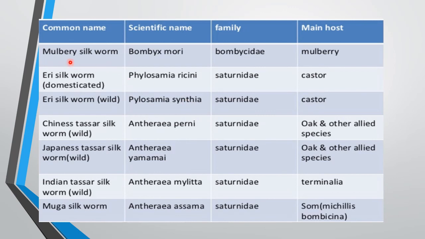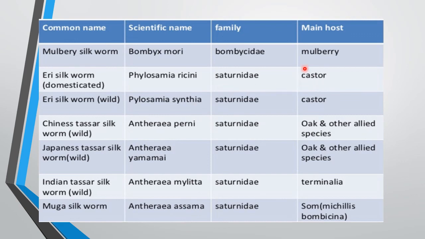For example, the mulberry silkworm, Bombyx mori. This is the common silkworm. It belongs to the Bombycidae family and the main host is mulberry. The Eri silkworm, which is domesticated, has the scientific name Philosamia ricini. Family is Saturniidae.